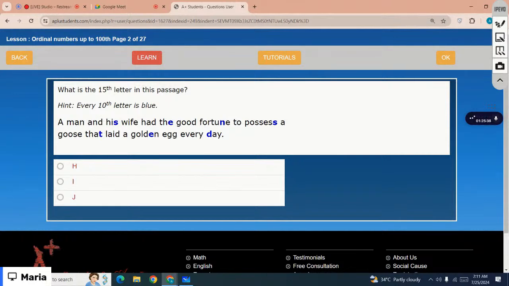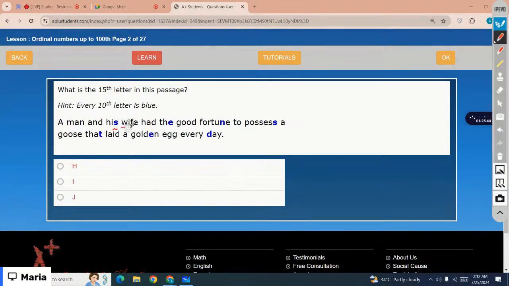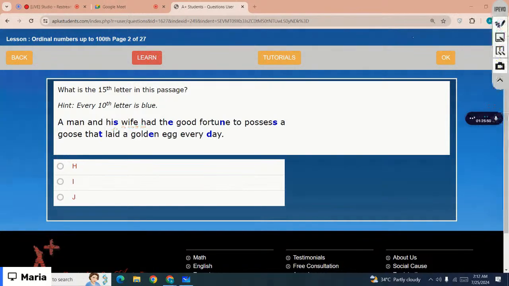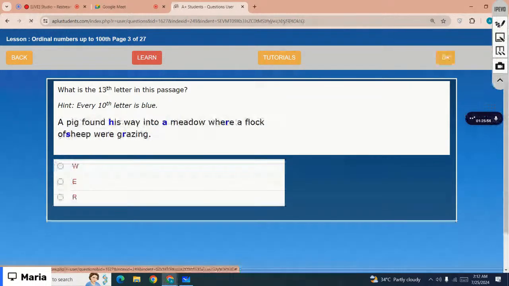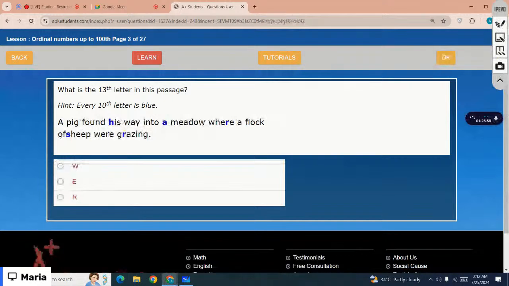So the 10th one is S, right? So start counting from 11, 12, 13, 14, and 15. That means H is at the 15th position. The correct option is H. Option number one is the correct option. What is the 13th letter in the passage? So which is the correct option?